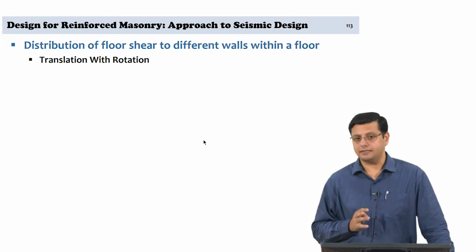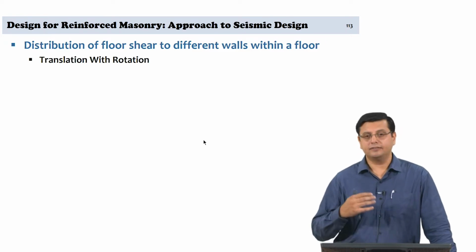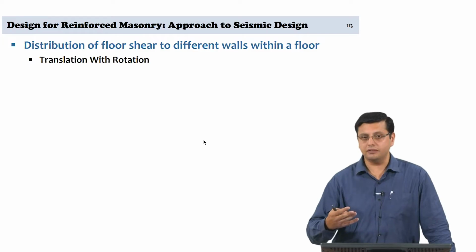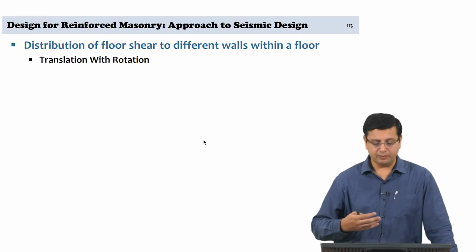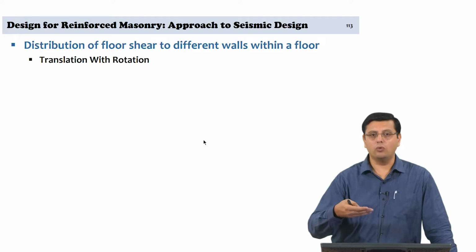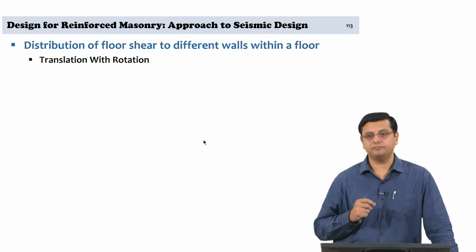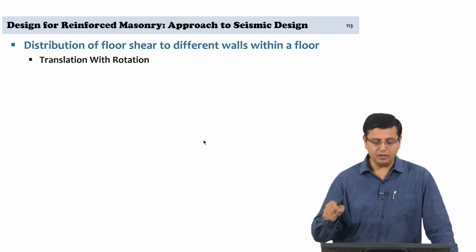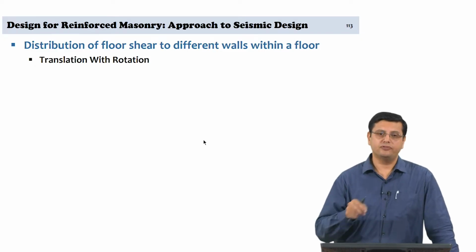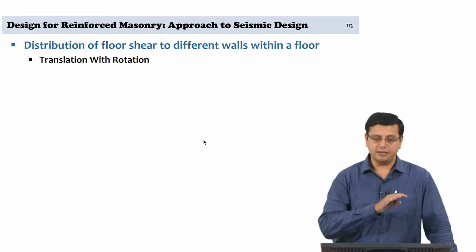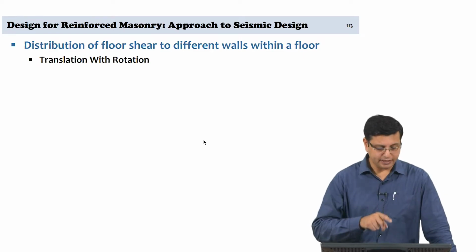In the last lecture we were looking at the situation of translation without rotation, and given the rigid diaphragm translation, all walls were subjected to equal displacement.